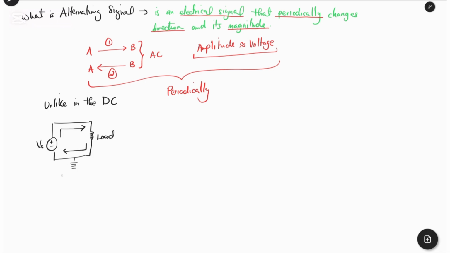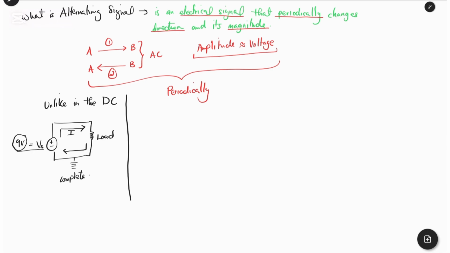Now this makes the complete circuit in a DC. And what happens to the magnitude? If the voltage source is equal to 9 volts DC, that means this load is driven by a constant voltage source which has a constant magnitude of 9 volts, and the direction of the current is from the source to the load, and this is in a DC.